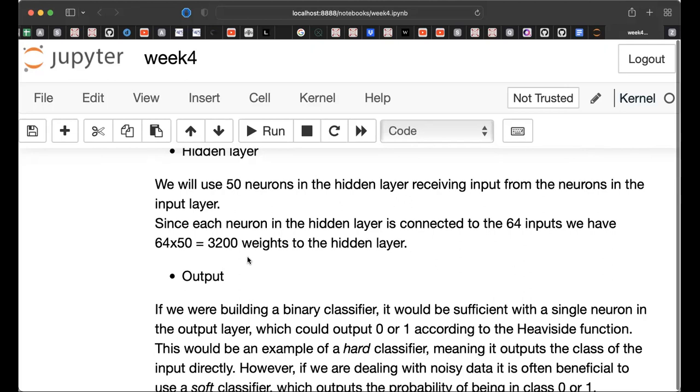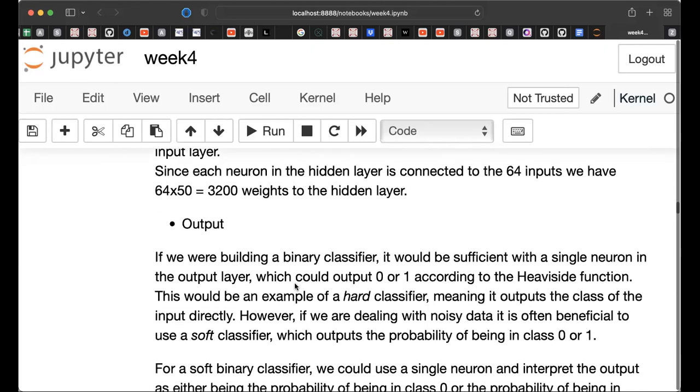Now, the hidden layer is connected with the output layer. And if we were to use a binary classifier, we would just need one single neuron, because that single neuron could just output 0 or 1. And we could use something like the Heaviside function, or we could actually have used the sigmoid function for that specific case.